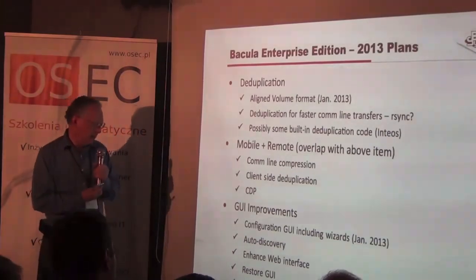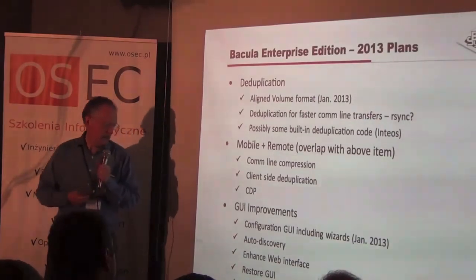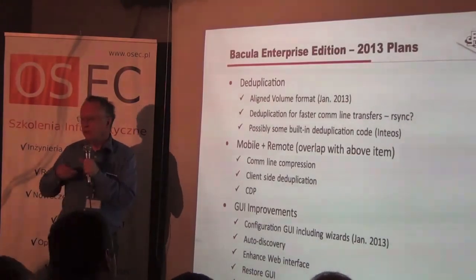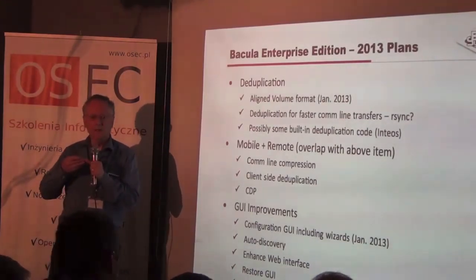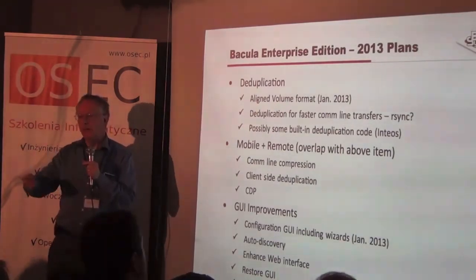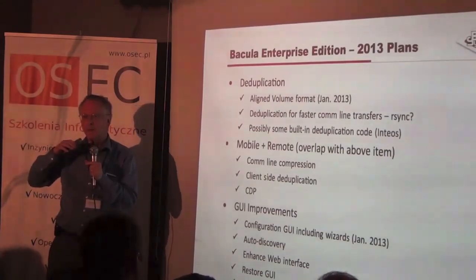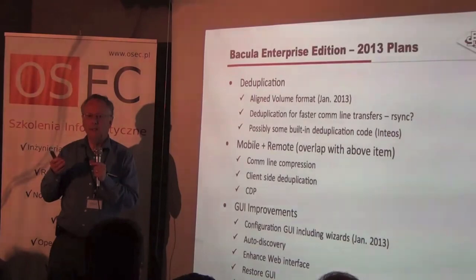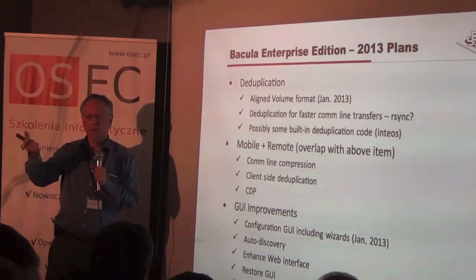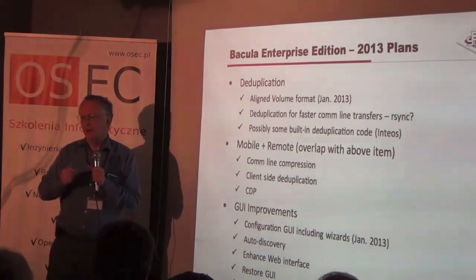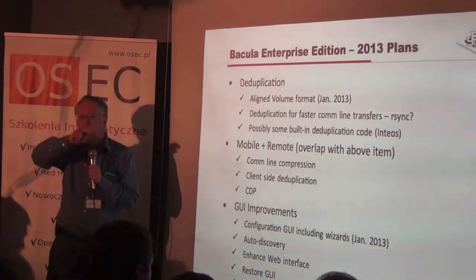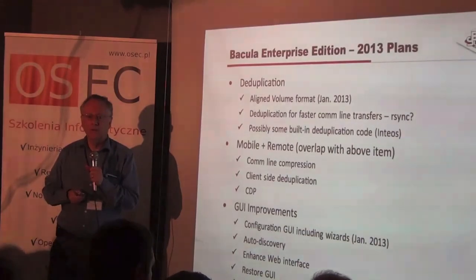And I guess this is the part, the very last item on there, is what we need to do for our MSPs. We need to document the interface that exists with Bacula, and maybe even turn it into some kind of API. Let's say you're an MSP and you want to provide a service for your customers so that users can restore their own files. Well, they usually have what they call panels that they use, and very special systems of graphical user interface.